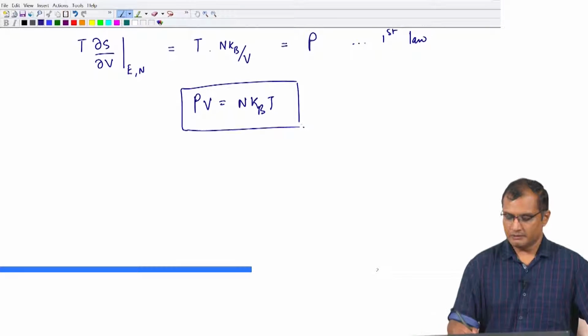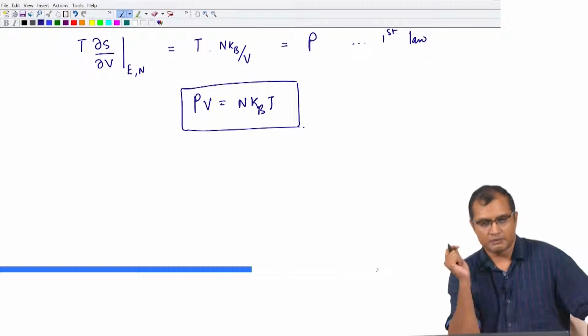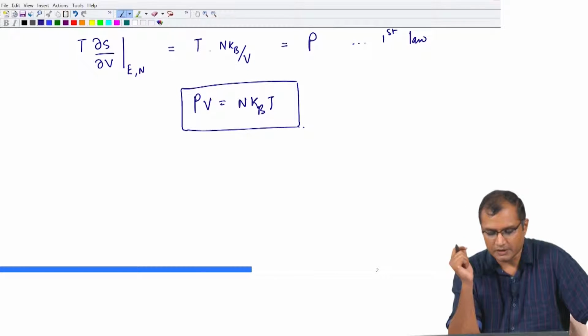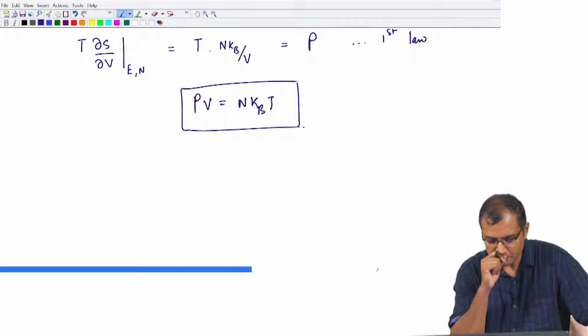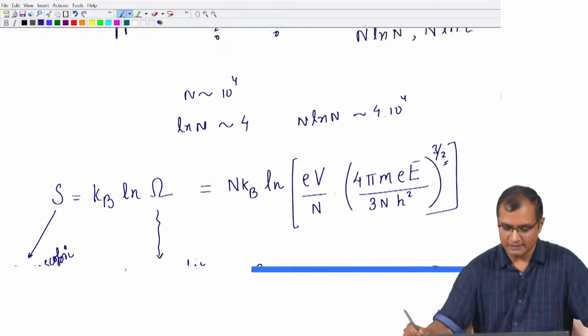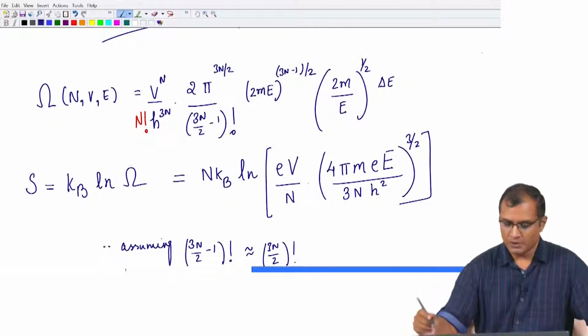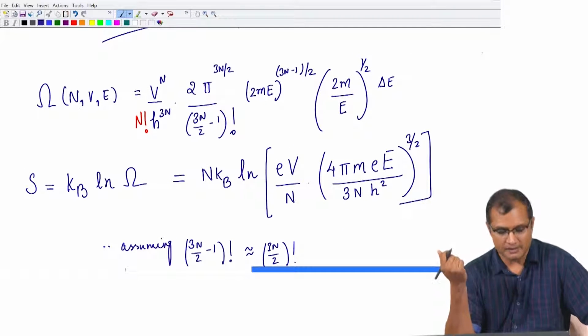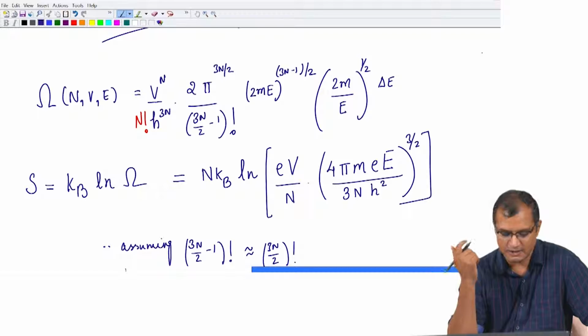and we are now in a position to generalize our argument of the entropy of an ideal gas to mixing of two gases. So, this is an important subject.